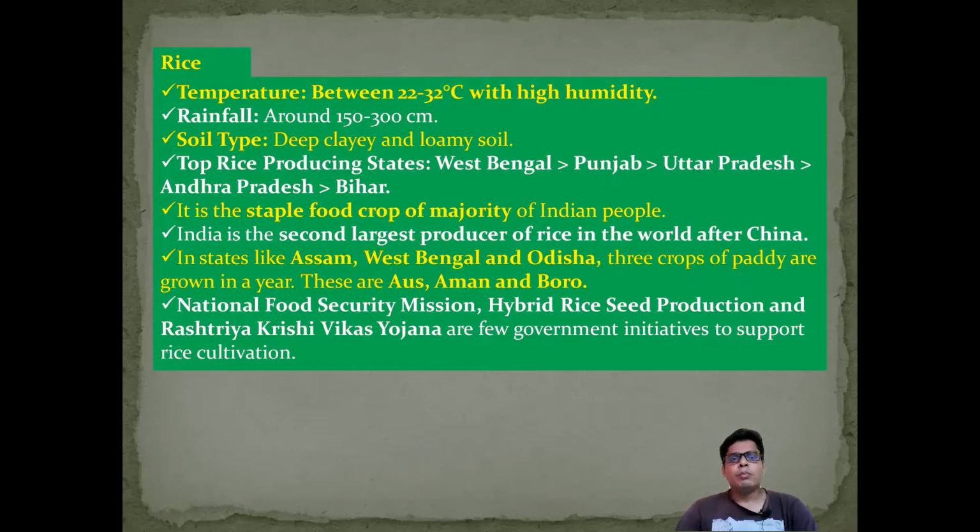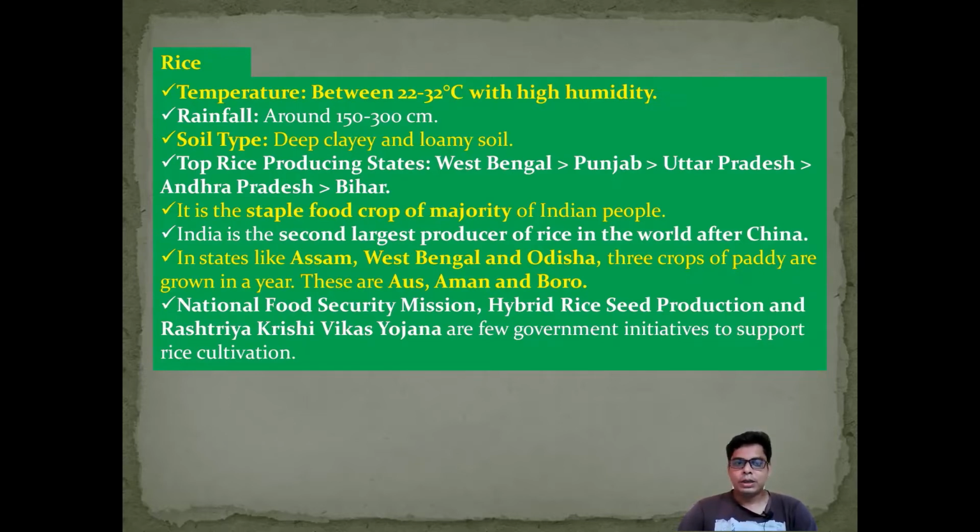This is the staple food of the majority of the population of India, and India is the second largest producer of rice in the world after China. China has the first position in rice production in the world.